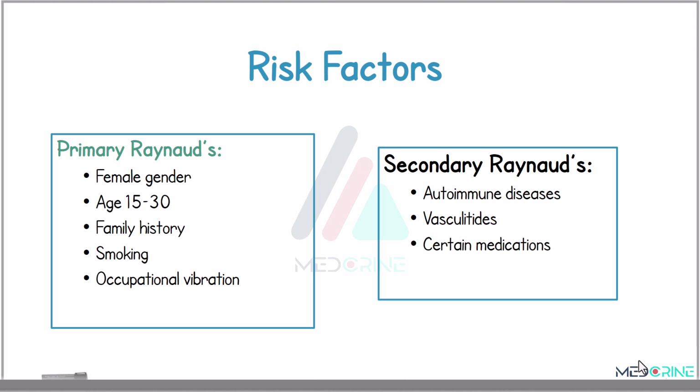Some of the risk factors associated with Raynaud's disease. The primary Raynaud's is more common in females who are aged between 15 to 30 years, especially with a family history or exposure to occupational vibrations. Secondary Raynaud's is linked to an autoimmune disease, vasculitis, and certain medications.